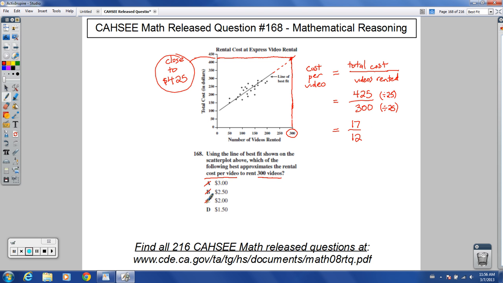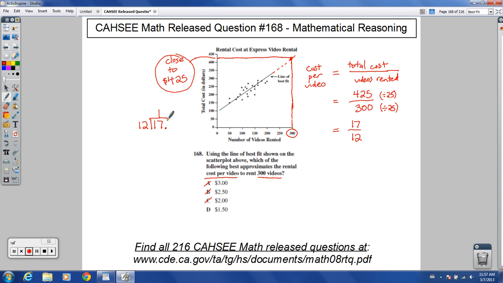Let's say that it wasn't that easy to eliminate the 3 wrong answers and get the right answer. So let's work this out just for argument's sake. It might not be that easy on the CAHSEE. They might have 2 or 3 legitimate answers, or all 4 might even be reasonable without doing the whole problem. So 17 divided by 12, we get 1 here.